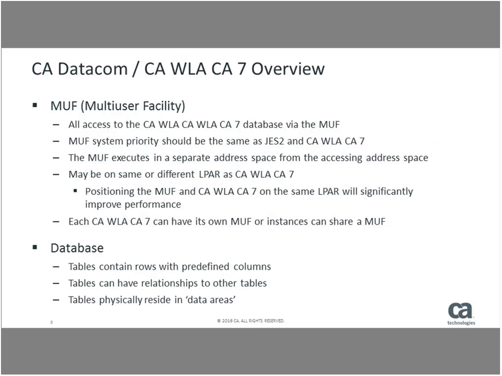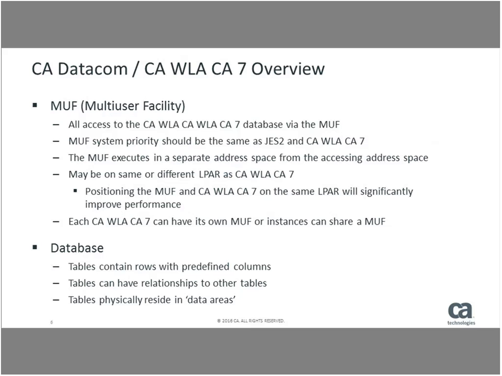The components, and these are the things that you're going to be hearing a lot of, and some of you may be familiar with it if you have the CA11 and possibly with the ENF. You will know that the main component is the MUF, which is the multi-user facility.